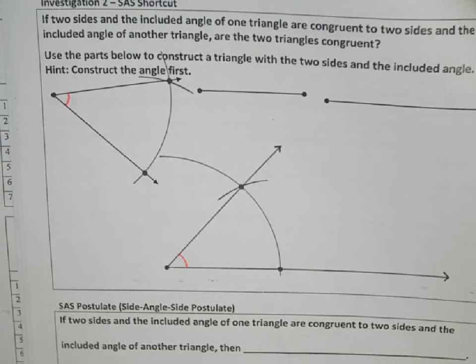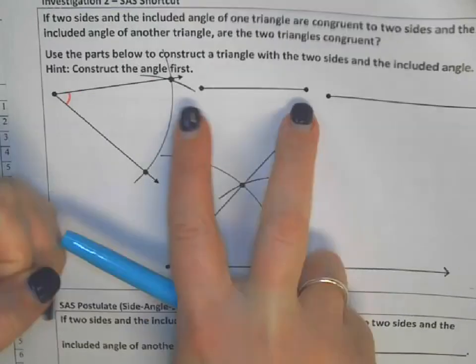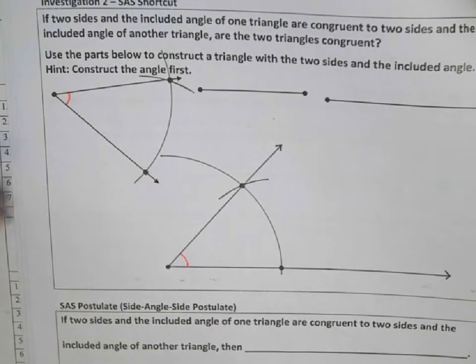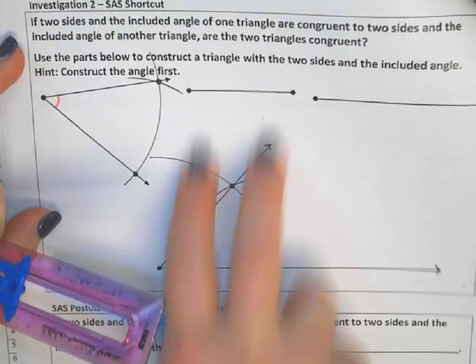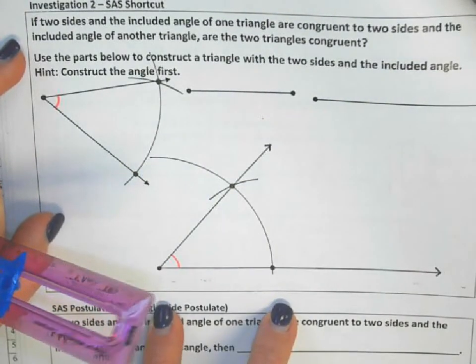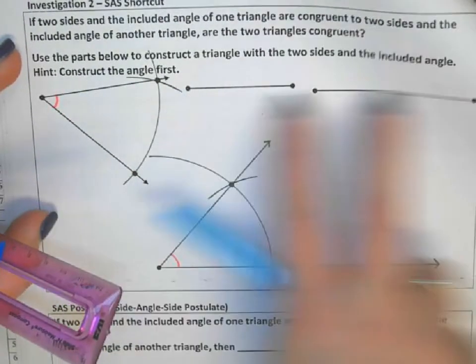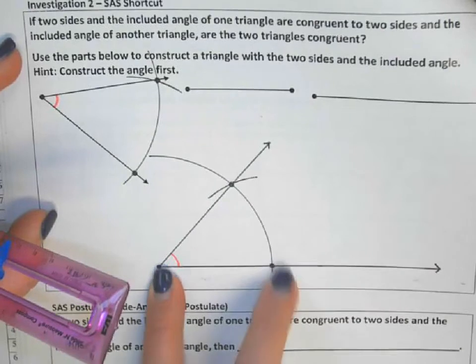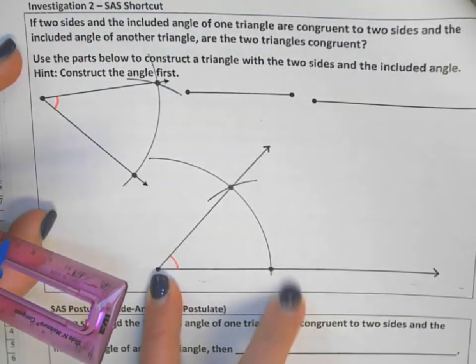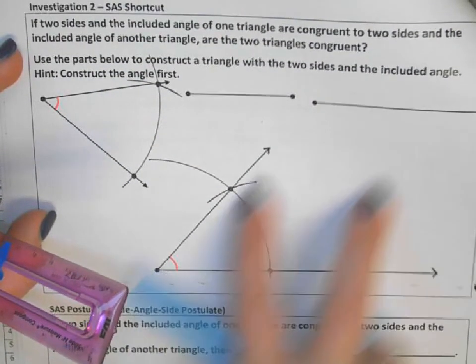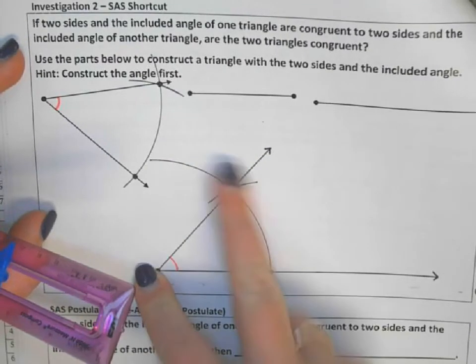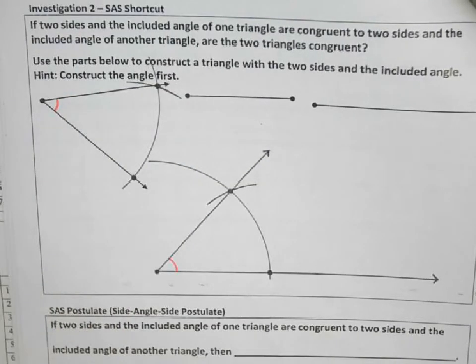Then what we're going to do next is you can take, and it doesn't matter which side you choose. If you want the long side on the bottom or the short side on the bottom, you choose. But measure one of these two and copy that measurement on your one ray. Then take the other one and copy that measurement on the second ray. So you can do that now.